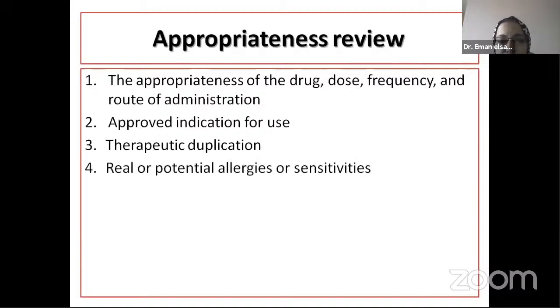After that, we will check if there are any real or potential allergies or sensitivity. As we talked about yesterday for the EDR and the allergy, it's many steps. And actually, it should be the first step discussed with the patient by all healthcare providers.